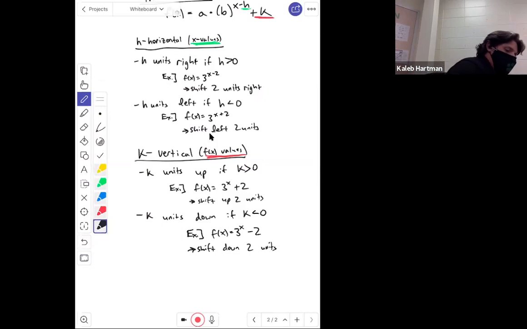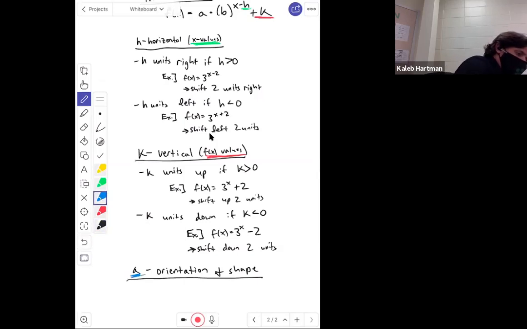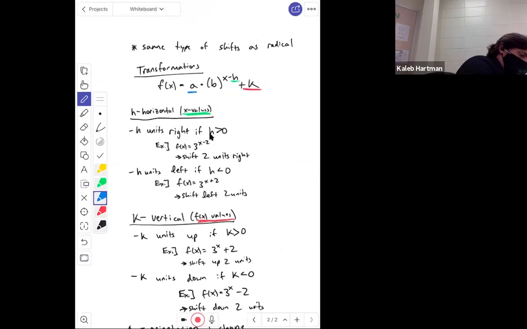The last letter that's going to change anything is A, and that changes orientation, meaning if it goes up or down, and shape. So A changes orientation and shape. Guys, A is just what's multiplying before our base.